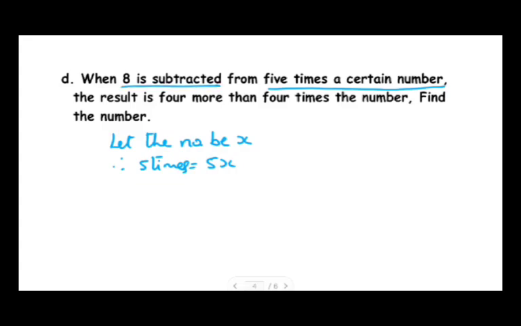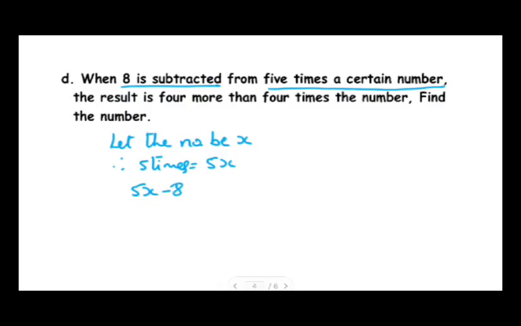When 8 is subtracted from 5 times a certain number. So let the number be x. Therefore, 5 times is equal to 5x, and then 8 is subtracted from it. So 5x minus 8.